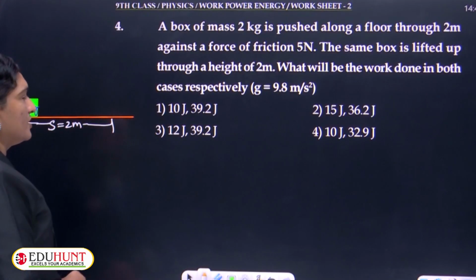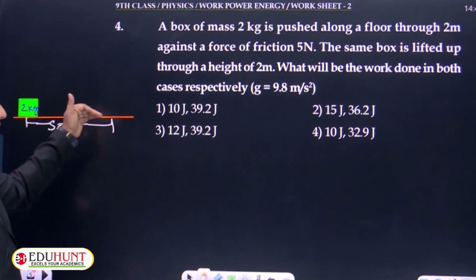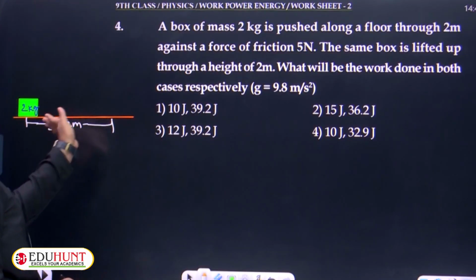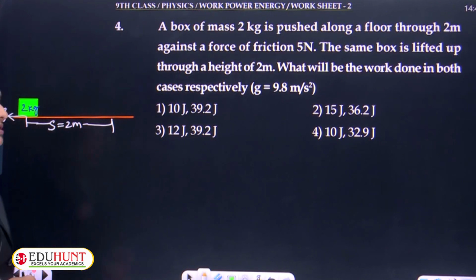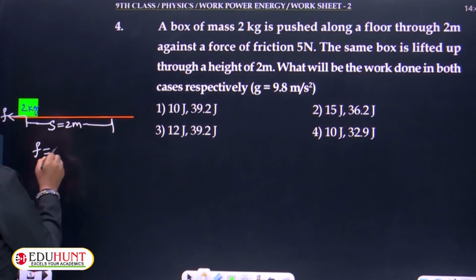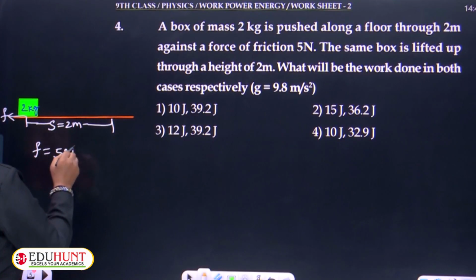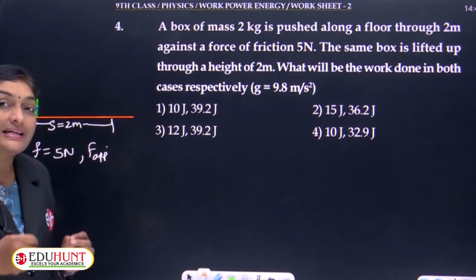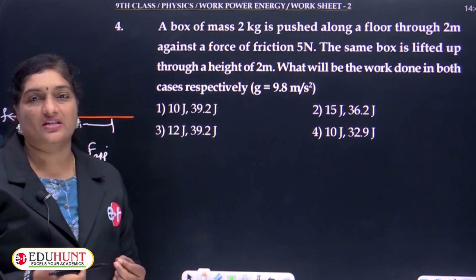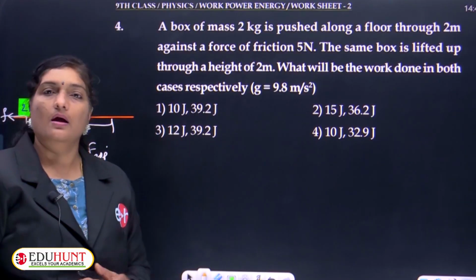Against a force of friction. Whenever a block is moving, the frictional force must be acting in the opposite direction. Given that the frictional force is 5 Newton, the applied force must be at least equal to the frictional force to oppose this motion.